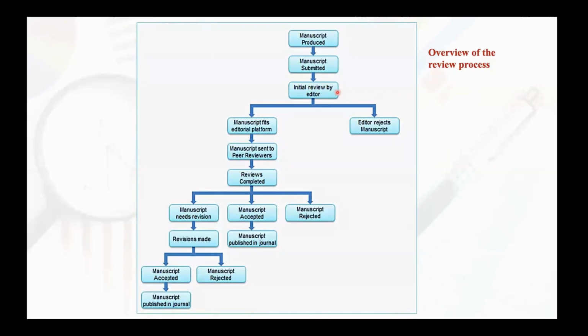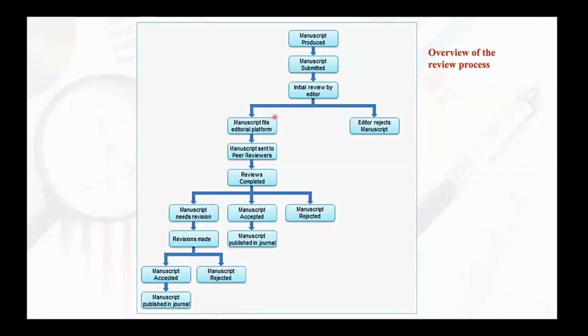And if the editor or editorial team feels that this paper is not in the purview of the journal, or it doesn't follow the quality standards maintained by the journal, they will immediately reject it. That means the manuscript will not go to the second stage. So if it does not fit into that journal, or does not meet the quality standards, the editor will reject it.